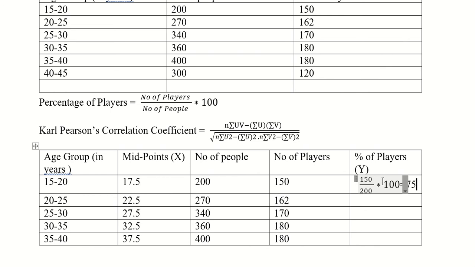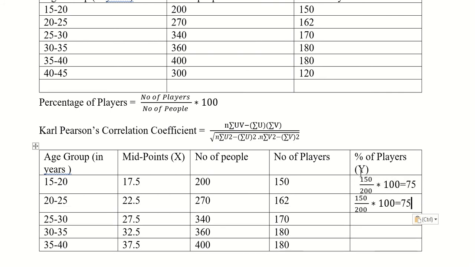Okay. So similarly, we will apply the same formula for the rest of the cases. For one or two, I'll just show you, and the rest you will understand. Here number of players is 162 and number of people is 270.